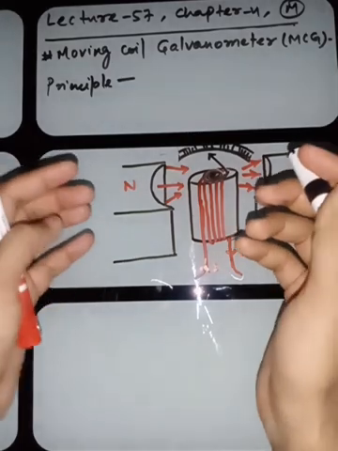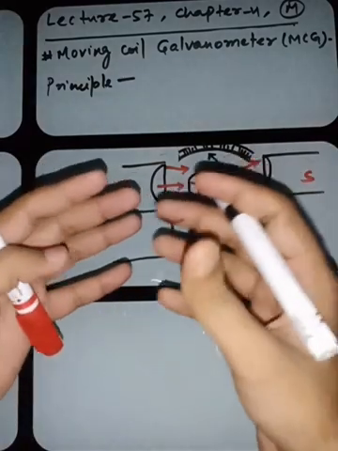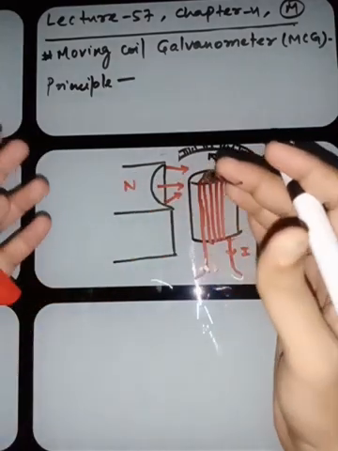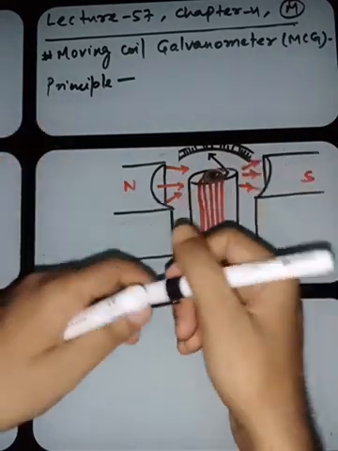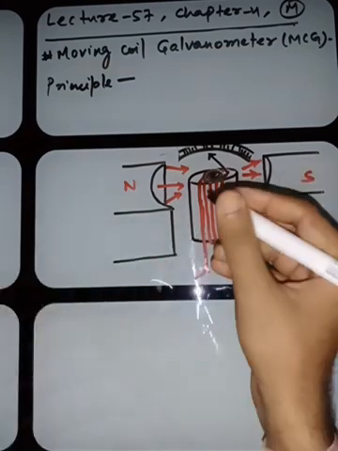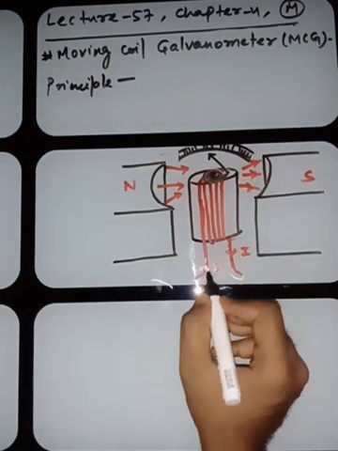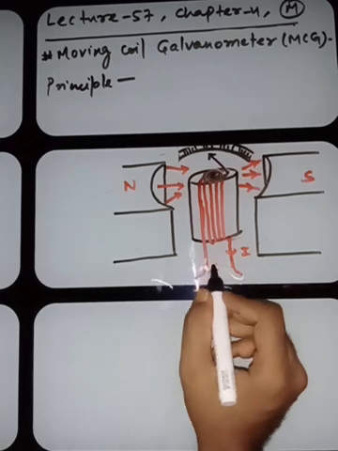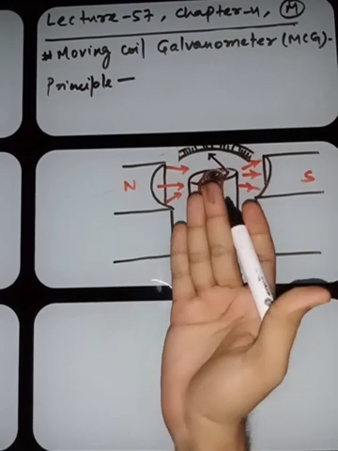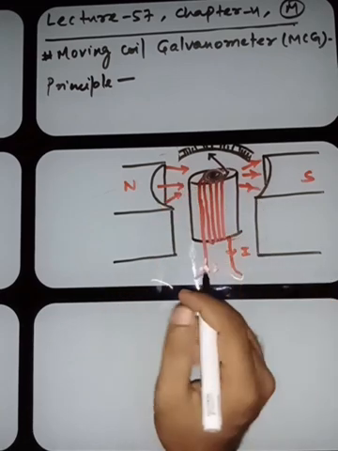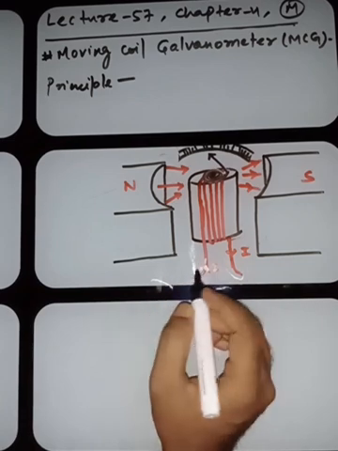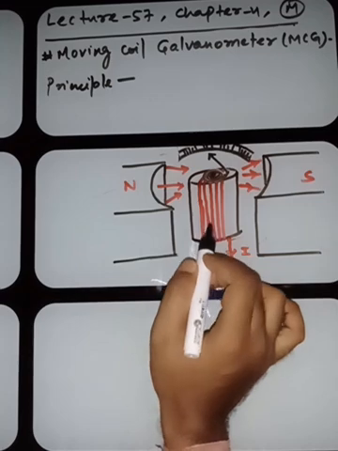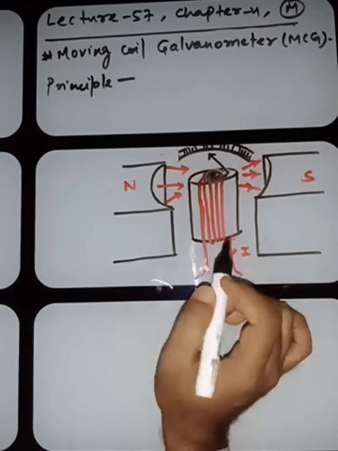Now, we are going to find out the actual deflection of the galvanometer. Remember, when current moves through this galvanometer, the coil twists and moves by a certain angle. It experiences a torque due to the current, and how much torque?